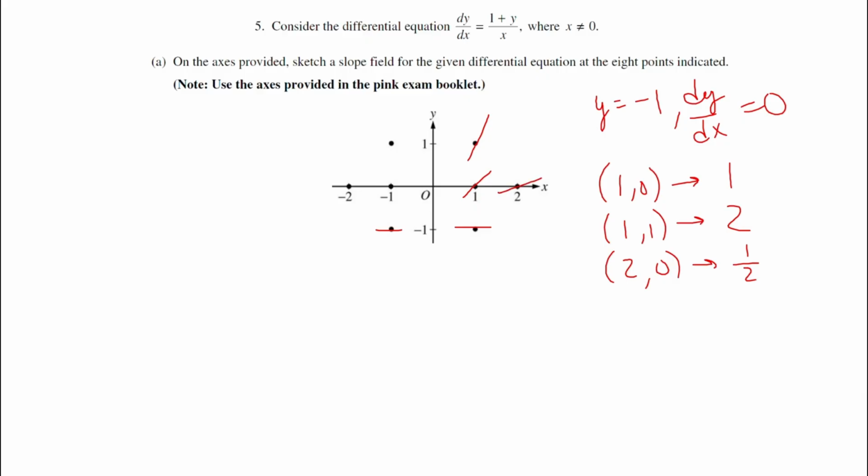Then we'll flip over to the negative side there. If we put in -1, 0, we're going to have 1 over -1, which is -1. And we'll see that all that's happening here is we're getting the same values with the y's, but the x's are just turning negative. So we've got -1 there, and then the one at -2, 0 should just be -1/2.